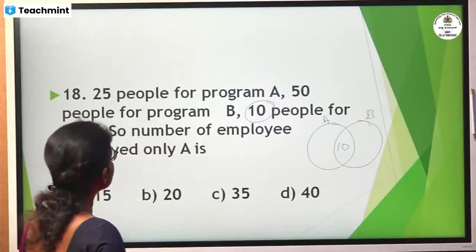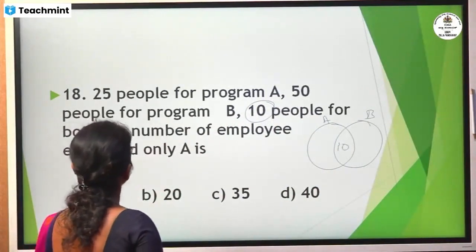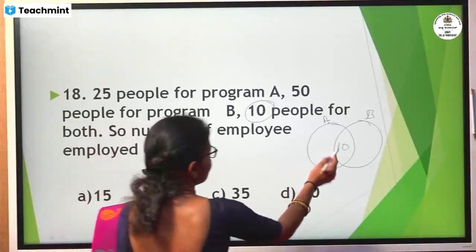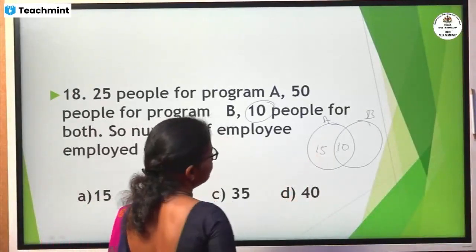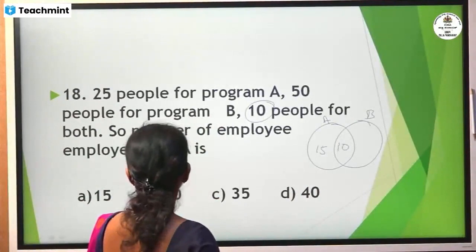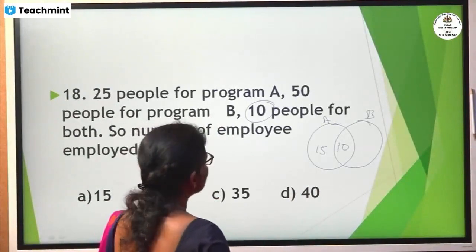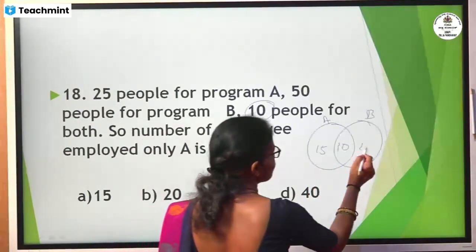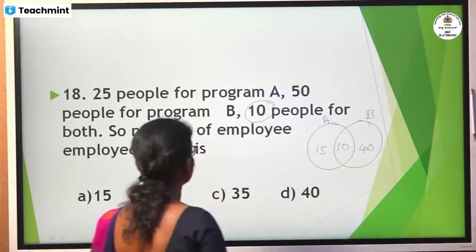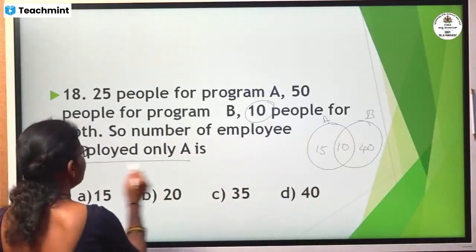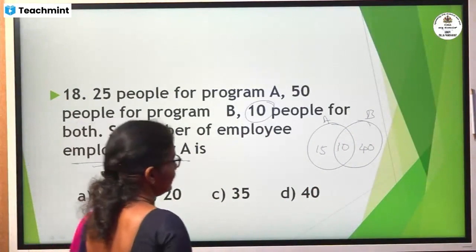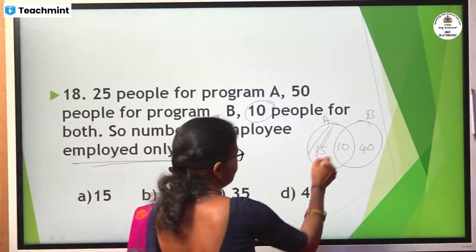Now consider program A, 25 people. You have written 10 already, so this will be 15. Then consider B, 50 people. You have written 10, so this will be 40, right? Now the question is only A. Only A means this region. You know that already, right?